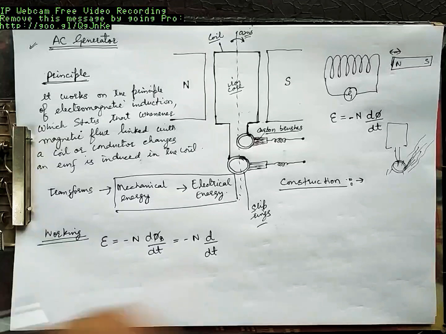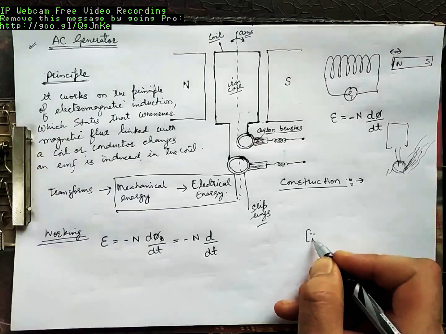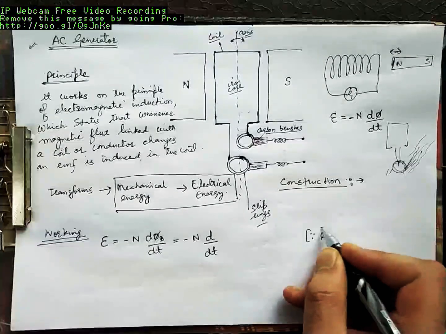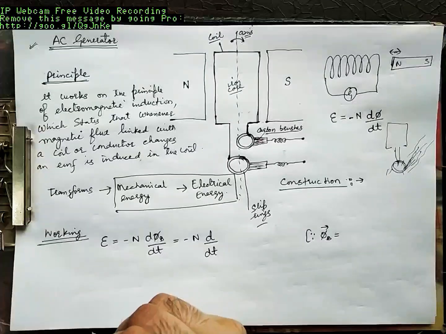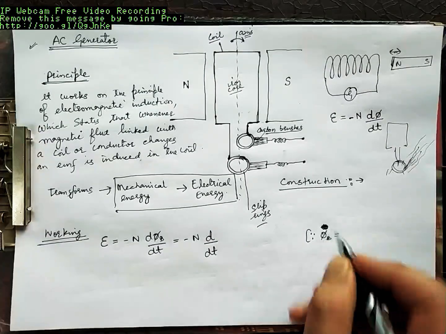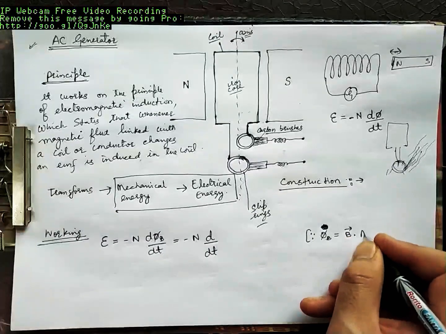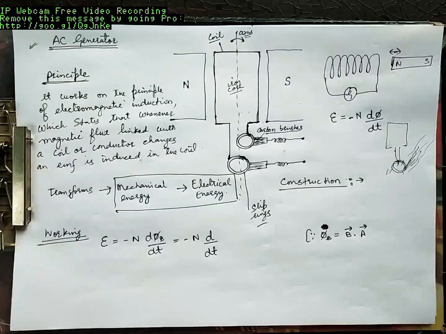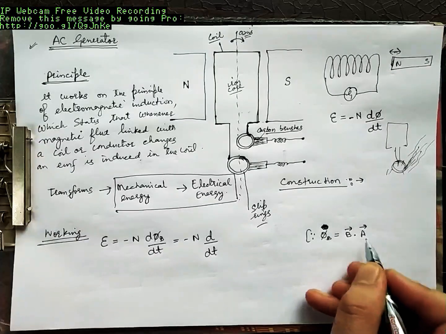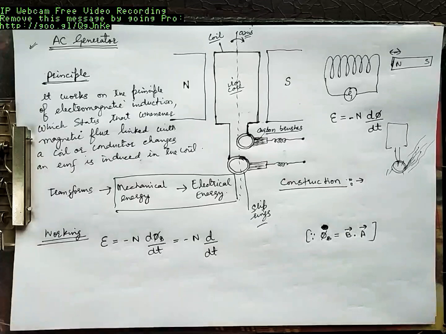We know that flux phi B through this coil is equivalent to B dot A. Flux is a scalar product of B and A, where A is the area vector. Remember this?